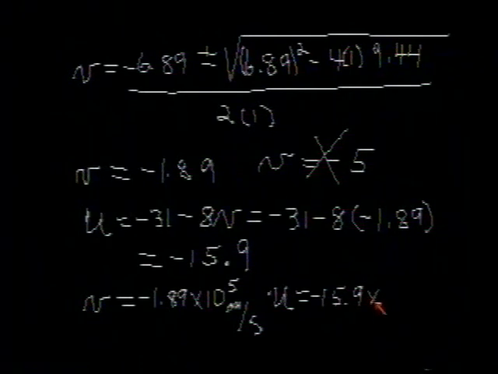All right. Both of these velocities turn out to be negative, indicating from our convention that those velocities are to the left. So that's the solution to our problem. That is the last problem on our tape.